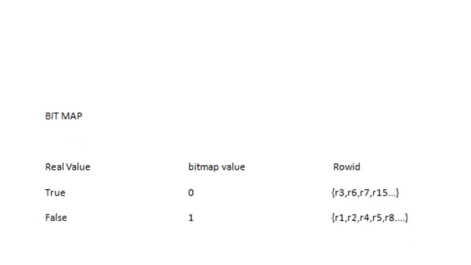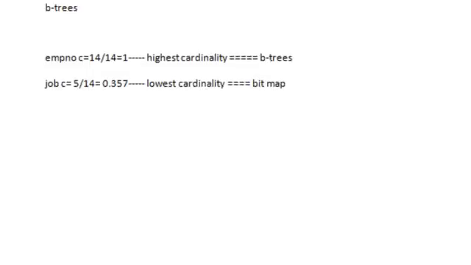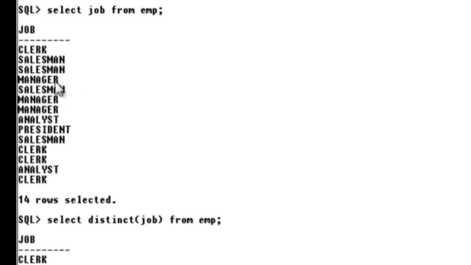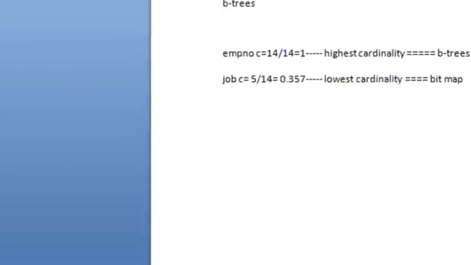Bitmaps are used whenever there are repeated values, like the job column we saw, where salesman and manager are repeated many times.